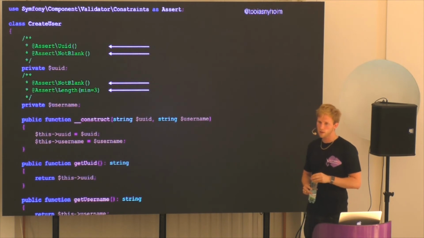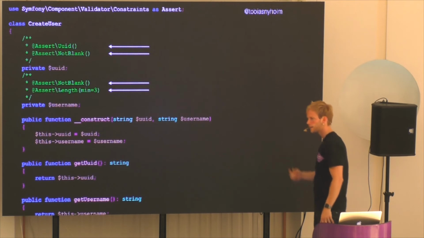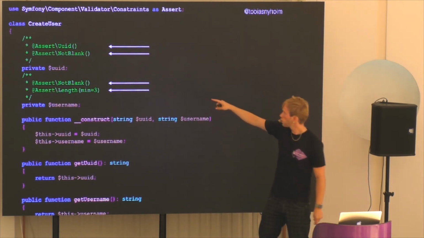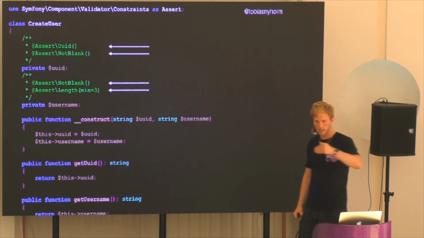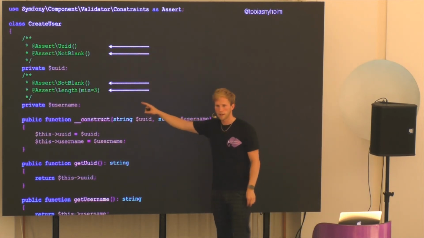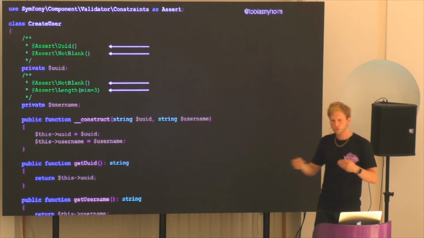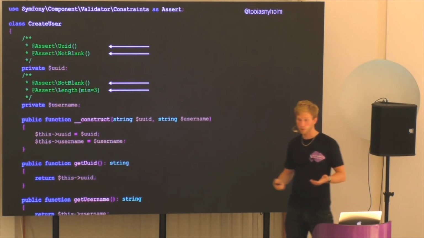If I just slap on some validator annotations here, the message handler can always be sure that the UID is always a valid UID and it's not blank. And this is validated automatically in the validation middleware. And I can always be sure that the username is at least of a length 3. So I don't need to do these extra checks in my handler. I just slap on the validation here, which is a pretty neat solution.